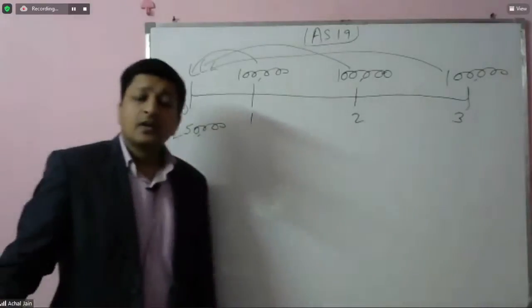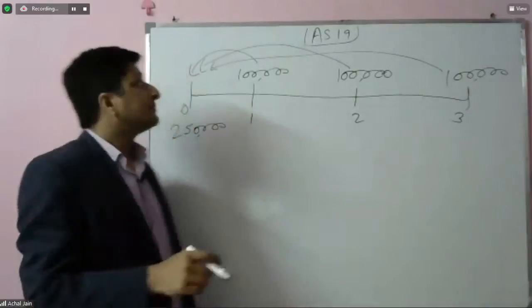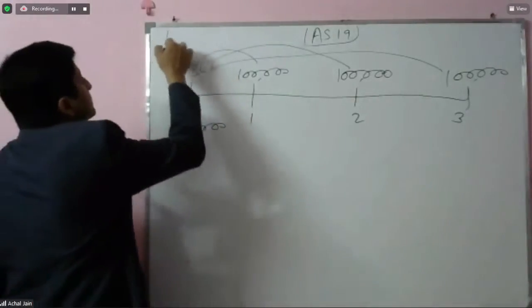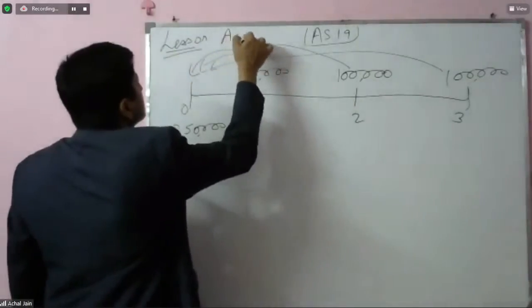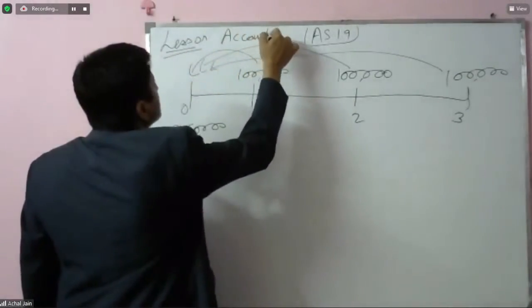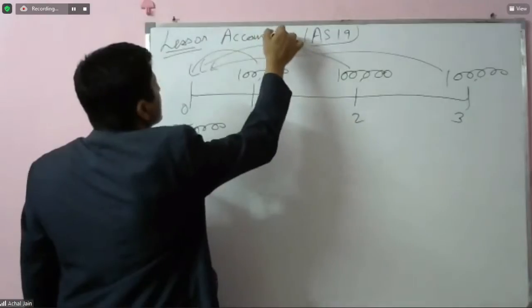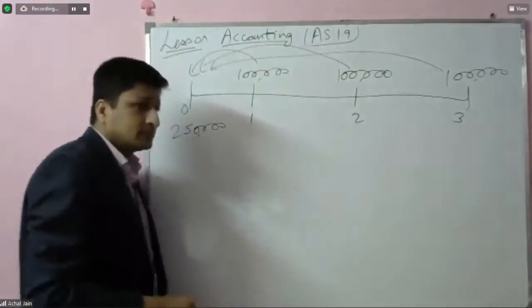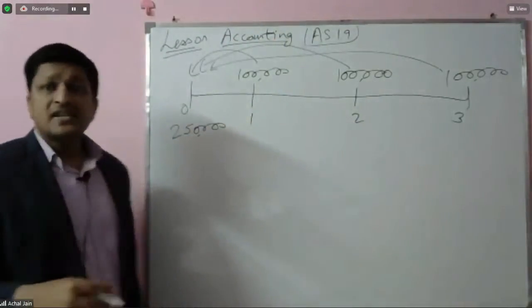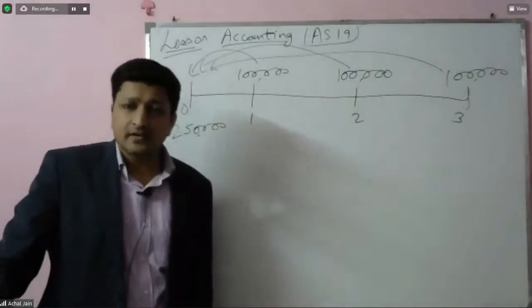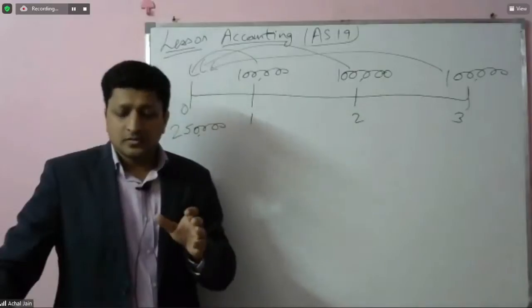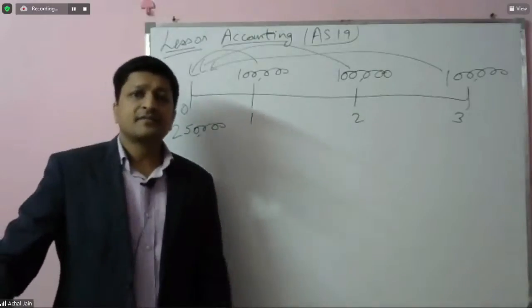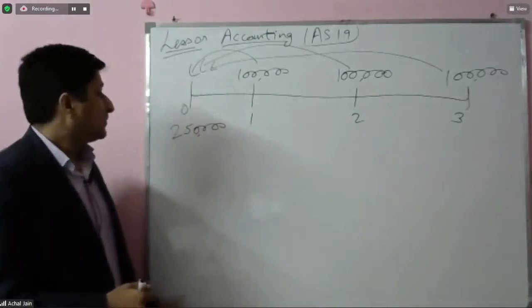Now, in case of a lessor, this is the accounting of lessor now. Lessor must be having an asset in its books, which it will not record. Instead, what would the lessor do?